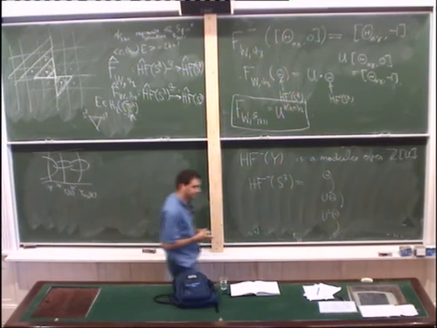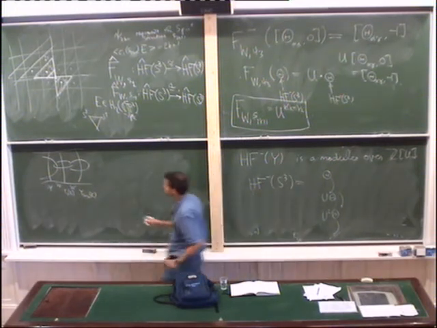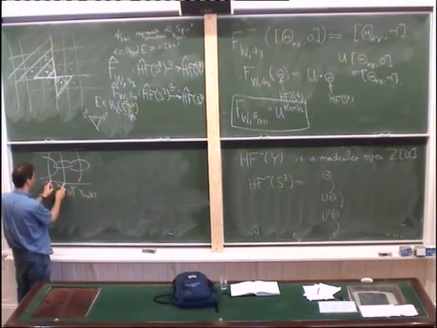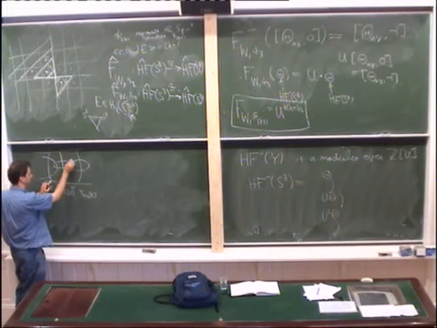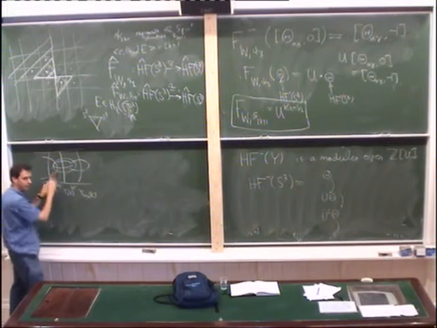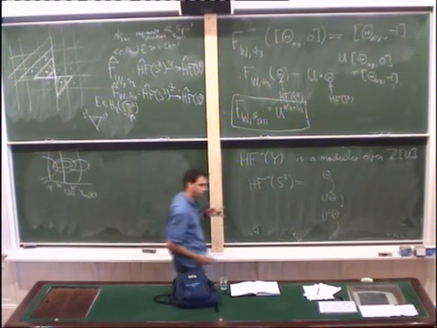that there were these triangles that canceled in pairs. But one can say it more invariantly by saying that if you take this double composite, it contains in it a sphere of square minus 1.